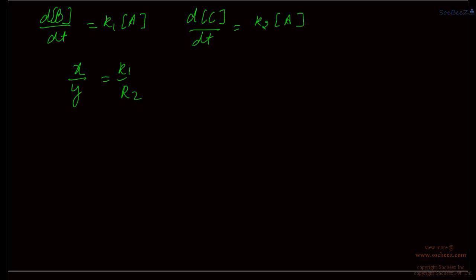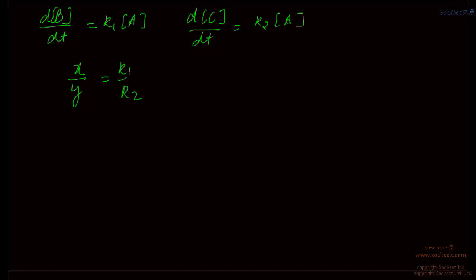Now let's study the effect of temperature on reaction rate. Yes, temperature does affect the reaction rate, and the temperature coefficient is the ratio of rate constants of a chemical reaction at two temperatures differing by 10 degrees Celsius. For an increase of 10 degrees Celsius, the rate of reaction increases by a factor of 2 or 3.